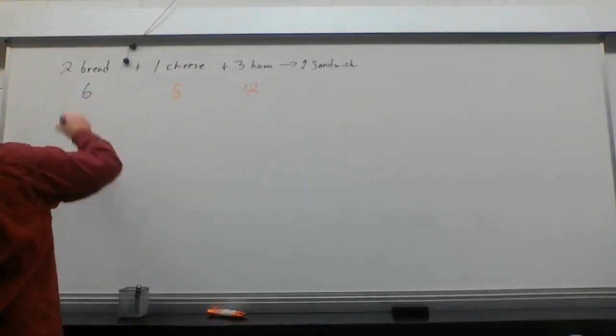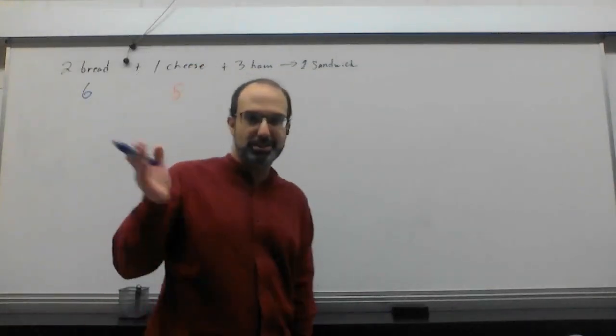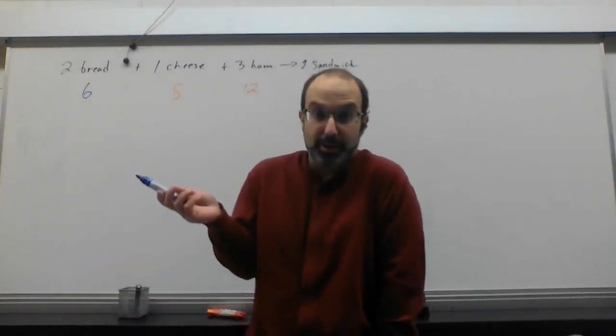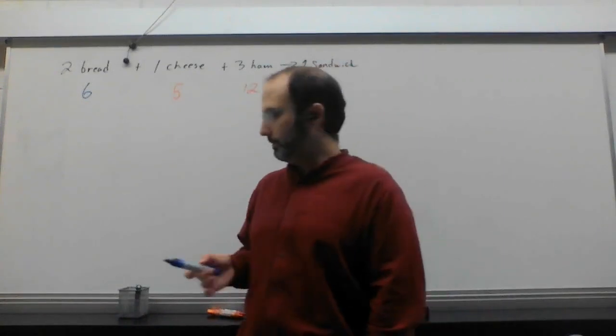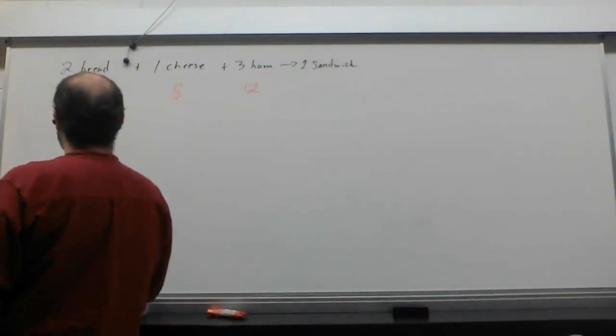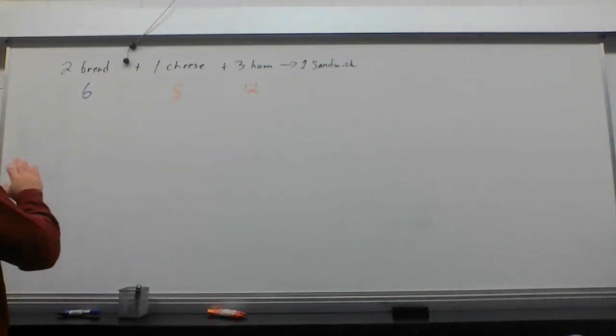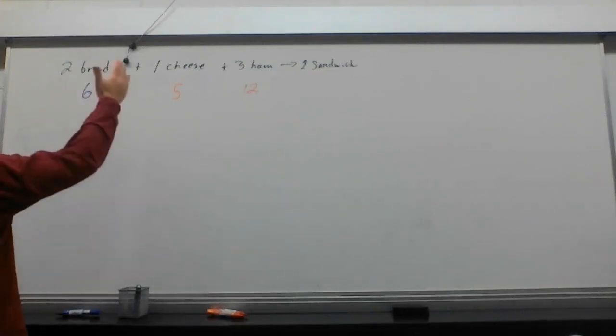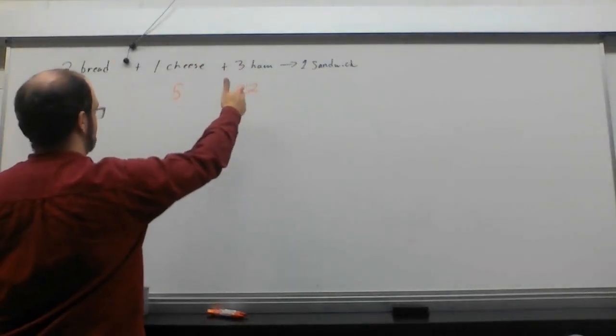So what's going to run out first in this context? One of them will run out first, but which one? One of the ways that we could try to solve this is that we could simply work out how many sandwiches we can make with each of the different ingredients.